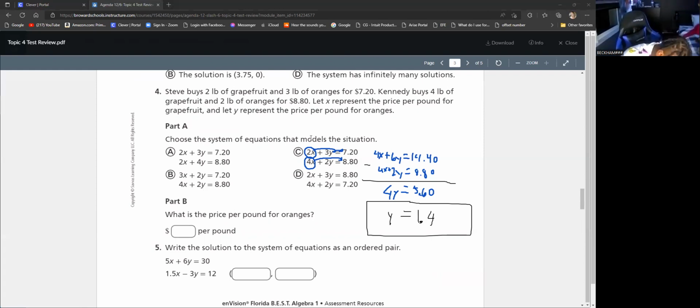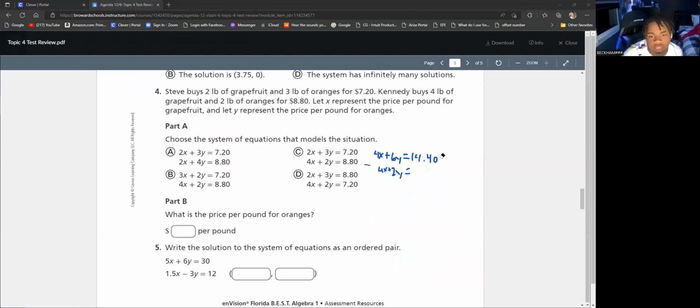Although we'll still get the 1.4, it's way more work. So set up number 5 just like number 4.